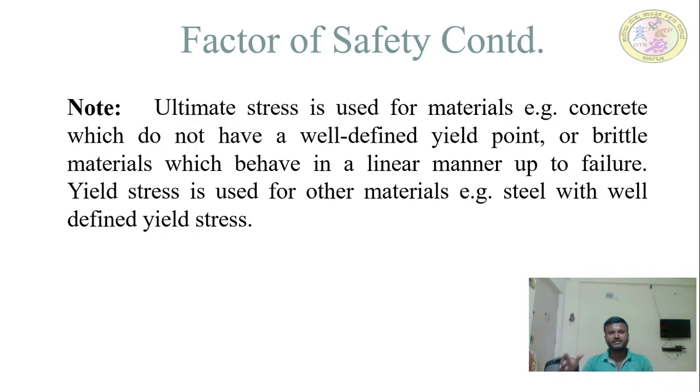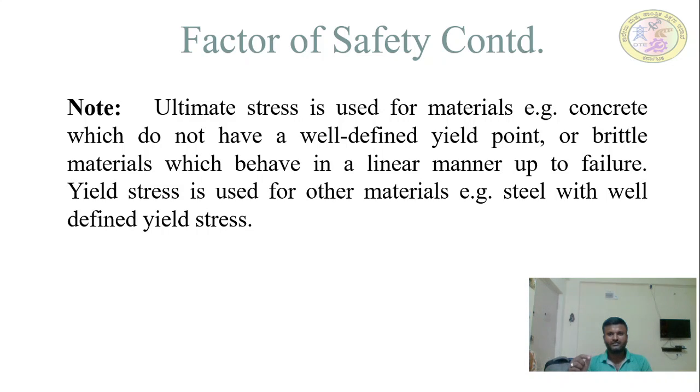Concrete is a brittle material and steel is a ductile material. The ductile material shows a well-defined yield graph. The stress-strain relationship is linear and it gives a very good yield stress.